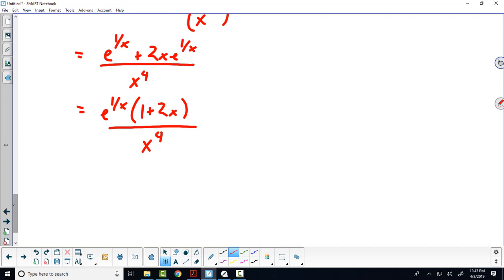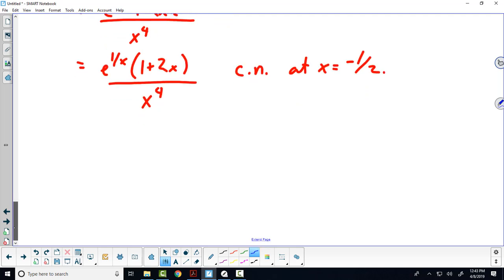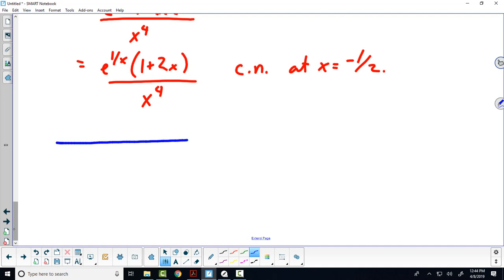So in this case, we've got critical numbers. The second derivative is 0 at x equals minus 1/2. Notice that even though this is still undefined at 0, neither was the original function, so 0 is not a critical number. And the numerator is only 0 if x is negative 1/2.